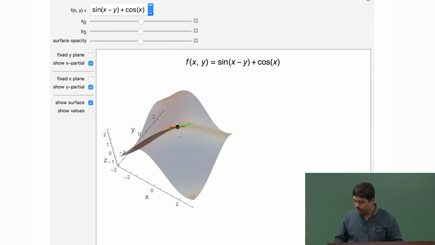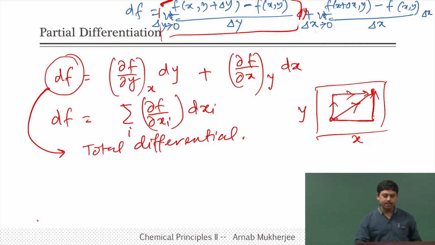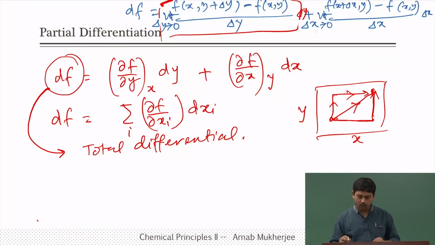But now, how do you actually show that it is independent of path, and what is the formula for doing that? So, now we have written the total differential in terms of the partial differential. Now, we simplify that a little bit, and we say that del f by del y at constant x is m, and del f by del x at constant y is n. So, we can write m dy plus n dx. Okay.